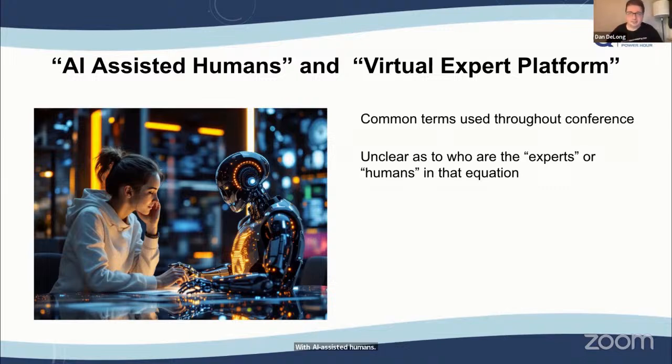So what does that actually look like? These were common terms used throughout the conference, and it's really unclear who. This was my takeaway: it was unclear who these experts are and who those humans are in that equation, right?